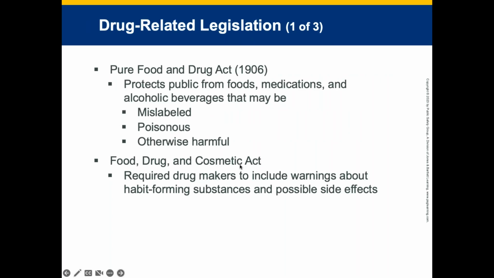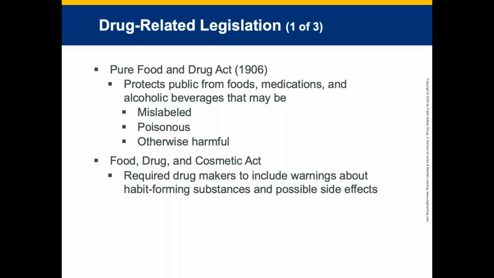Next slide here. The Pure Food and Drug Act of 1906 is the first federal drug-related legislation in the United States, which protects the public from food, medications, and alcoholic beverages that may be mislabeled, poisonous, or otherwise harmful.